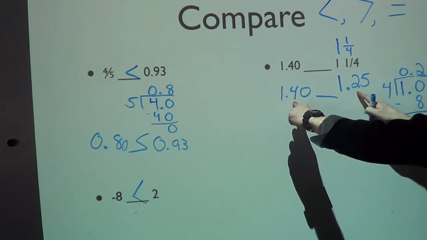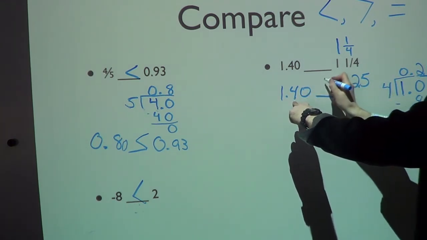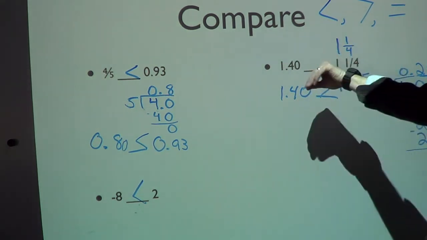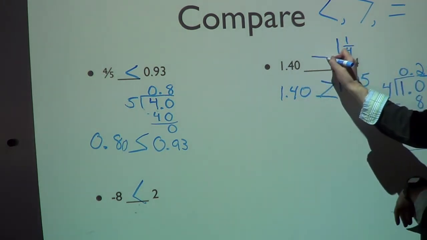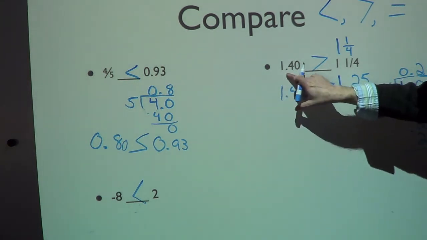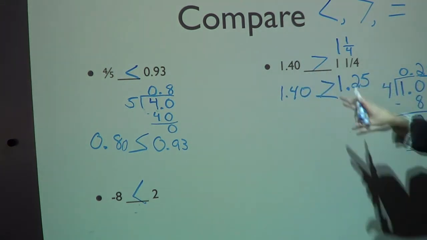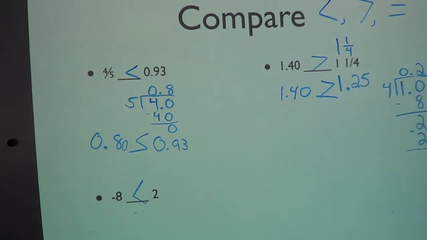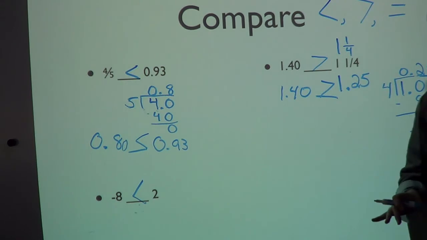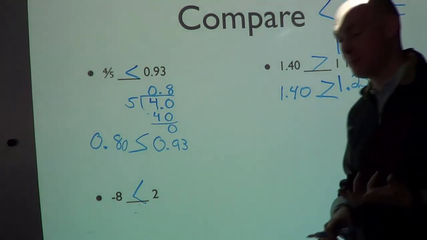I see a bigger number. 4 is definitely bigger than 2. So therefore, it's going to be greater than. And I slide my greater than symbol right there. 1 and 40 hundredths is greater than 1 and 1/4. Remember, the tip is to change them all to the same form.